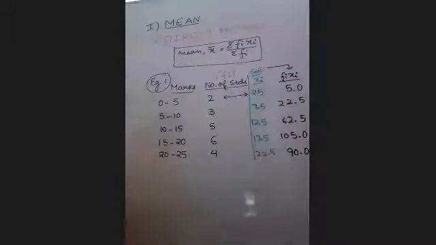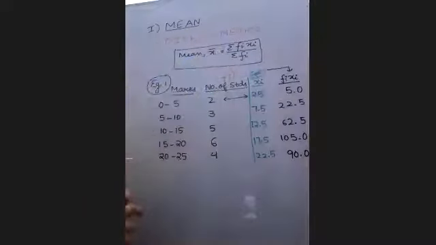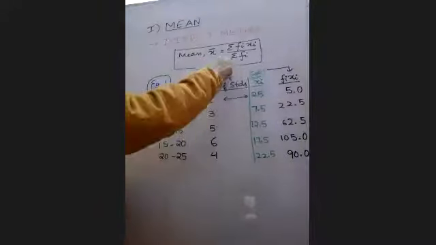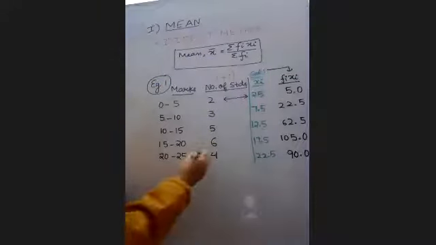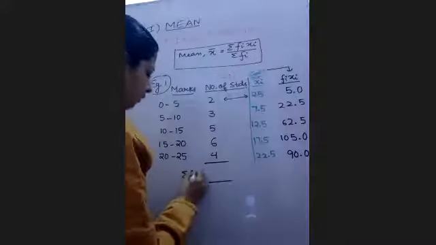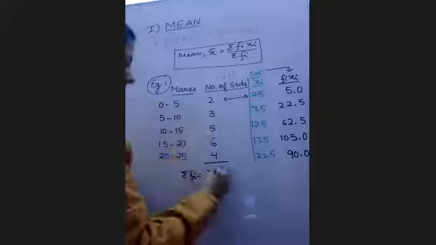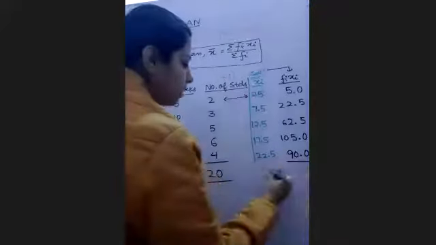Now, what are the two things we need for the formula? Summation fi xi and summation fi. So what is summation fi, children? Sum of all these: 20. Right. What is summation fi xi?